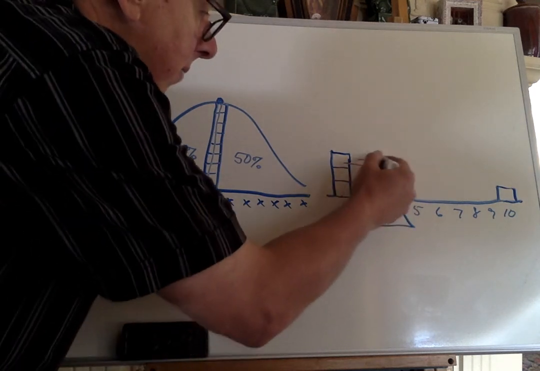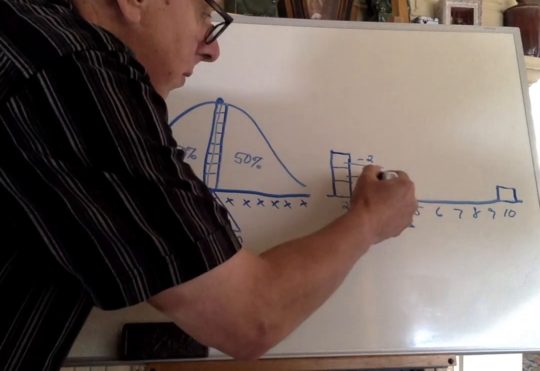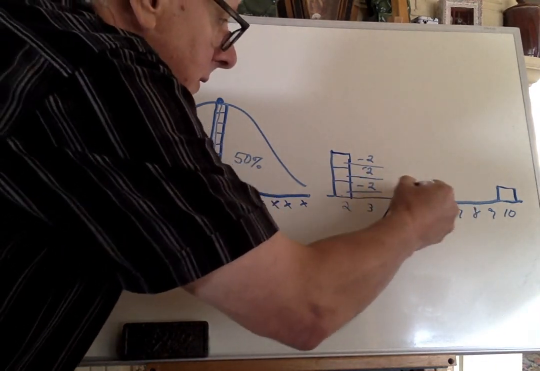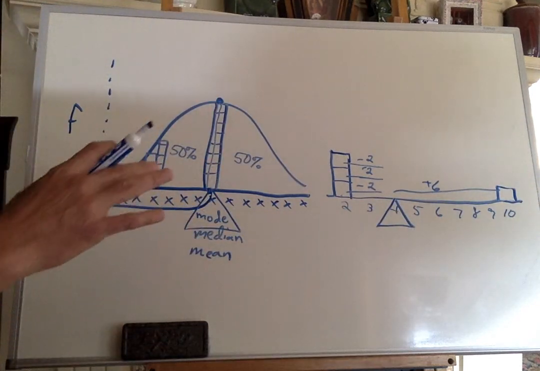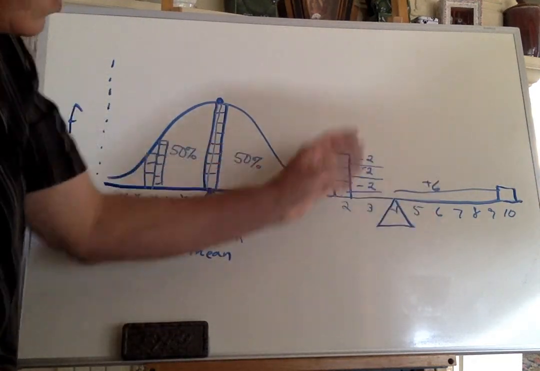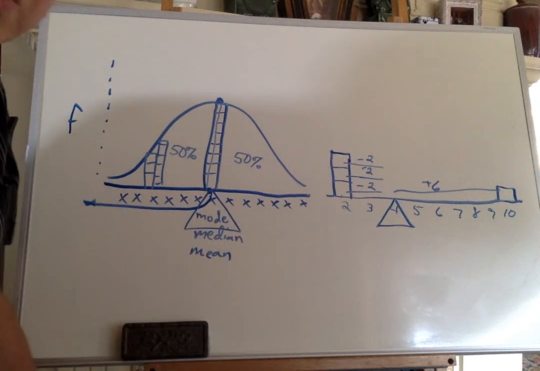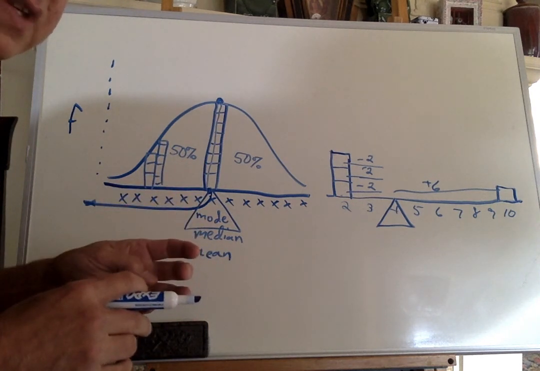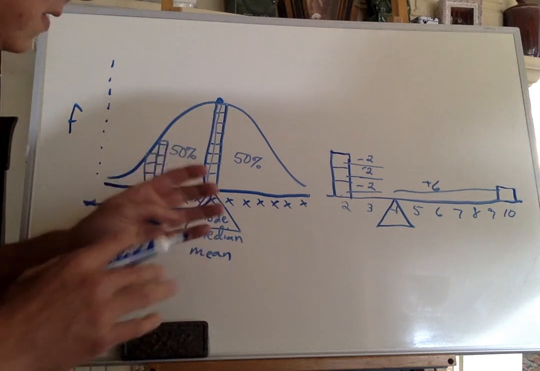So it's deviation minus 2, minus 2, minus 2, plus 6 here. And that's the only place for this distribution where you're going to have the equal deviations.